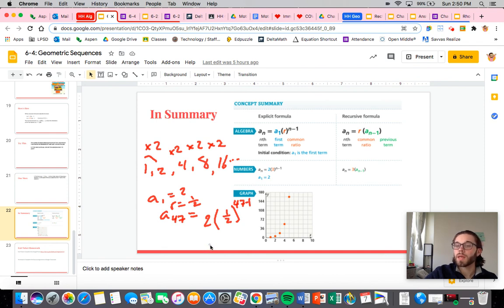All right, so that would be how you get some far off term. It's really useful if you don't have a lot of the information except for the common ratio and the first term. It's really helpful for getting things far away from other things you have.